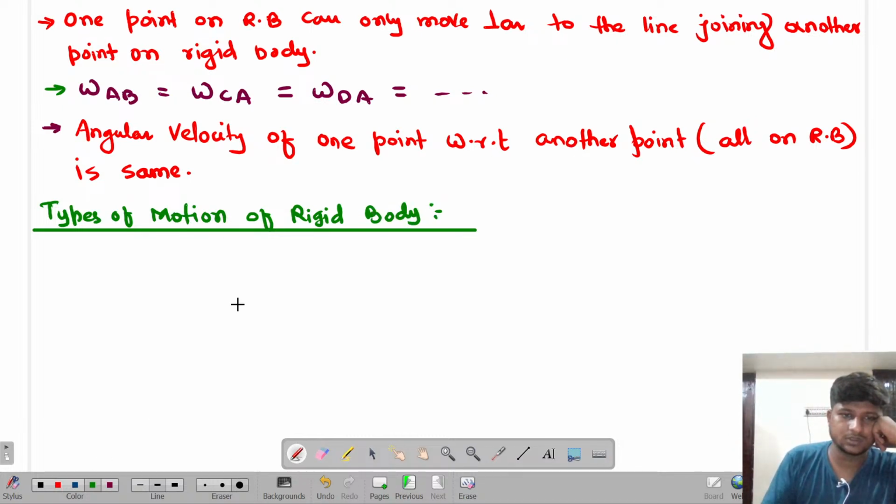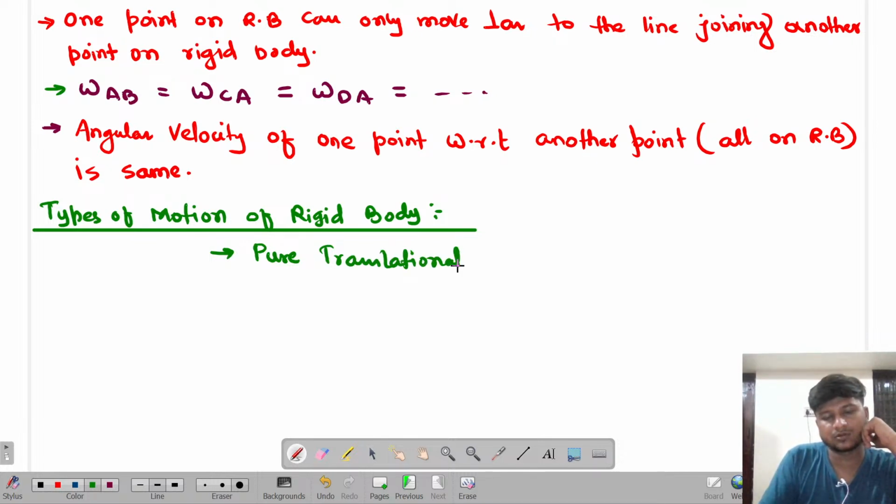Got it? So basically we have three types of motion of a rigid body. First, pure translational motion. Second, pure rotational motion.